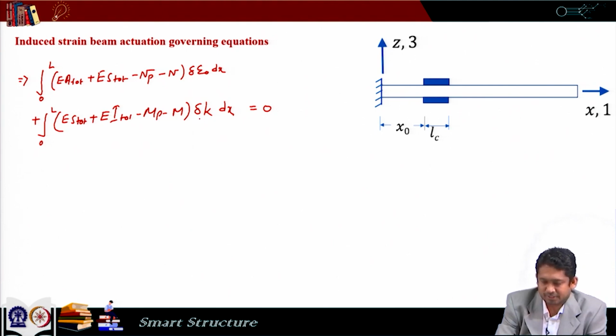So, they can only be 0 when this is equal to 0 and this is equal to 0.